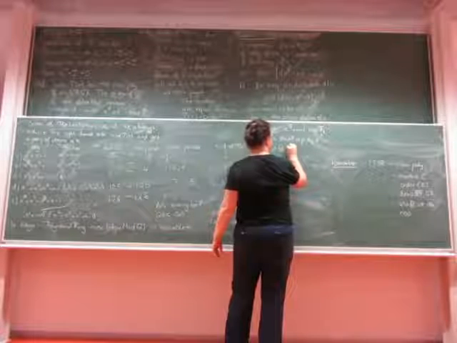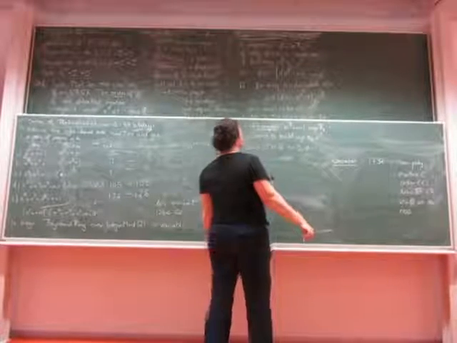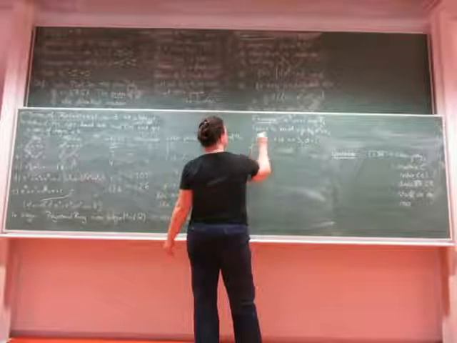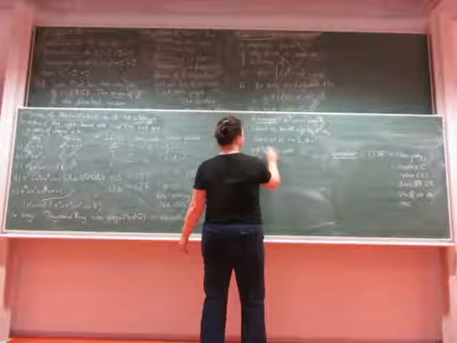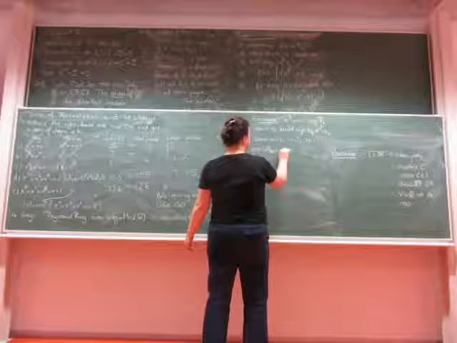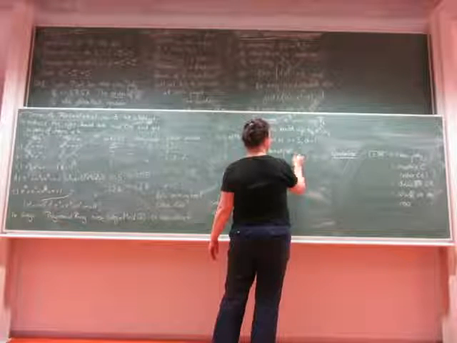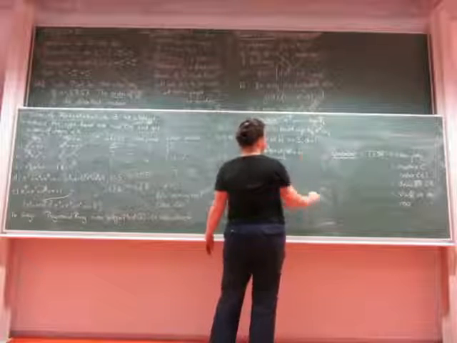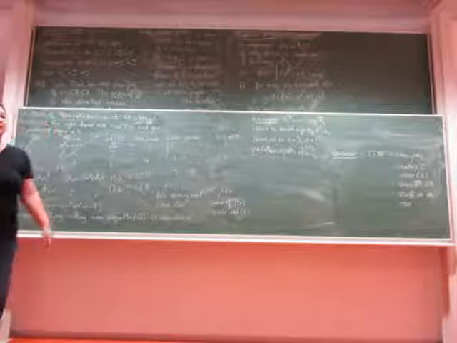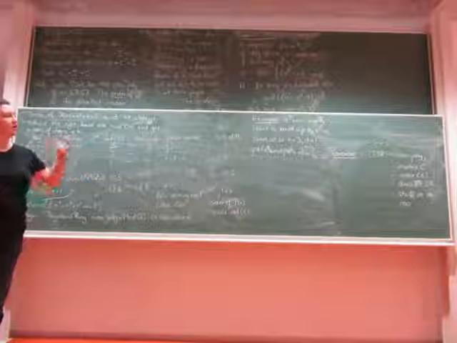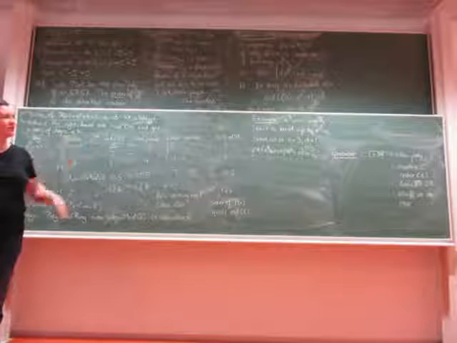So n is 3, d is 1. I'm looking at the GCD of x cubed plus x plus 1 with x to the 2 to the 1, minus x, well, the same, so plus x. Now 2 to the 1 is not too bad. I can reduce this, but x to the 3 plus x plus 1, nothing happened. The remainder is x squared plus 1.